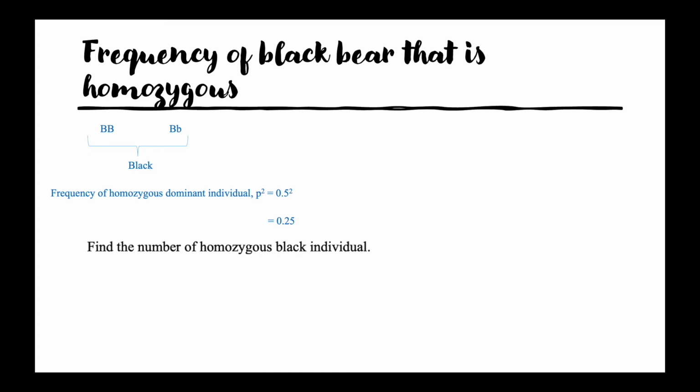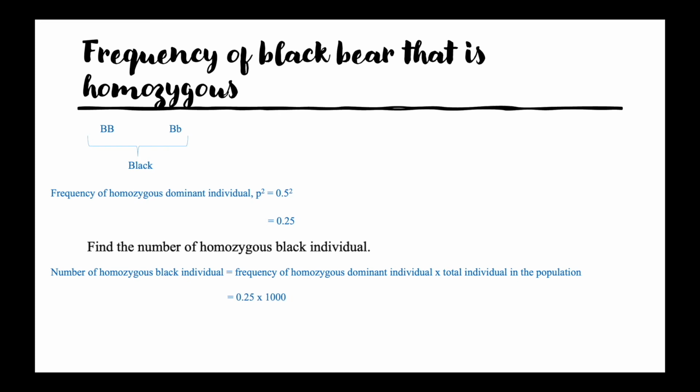The question then continued asking us to find the number of homozygous black individuals. Since we already know the frequency of homozygous dominant individuals, to find the number, we simply multiply the frequency by the total number of individuals in the population, like this: 0.25 times 1000, giving us the value of 250 individuals.